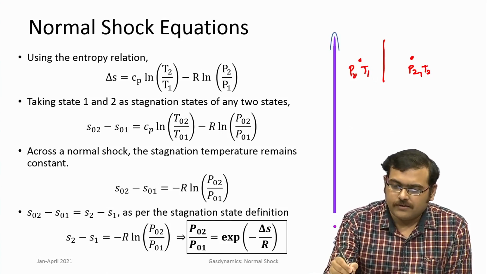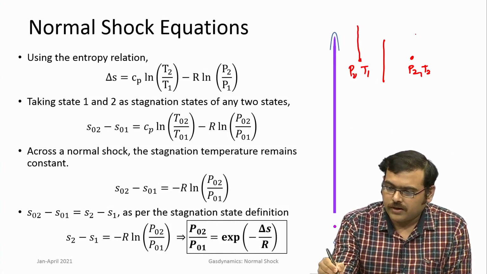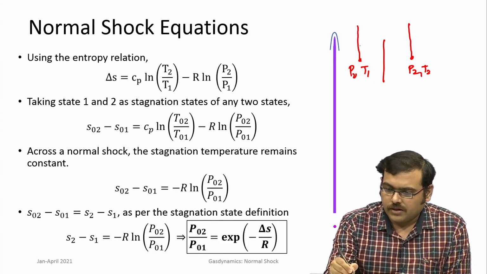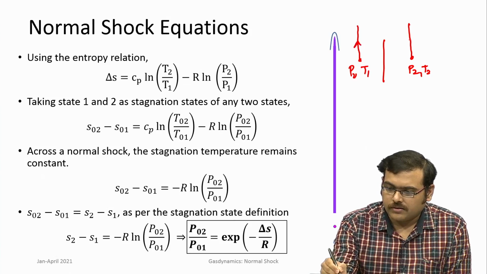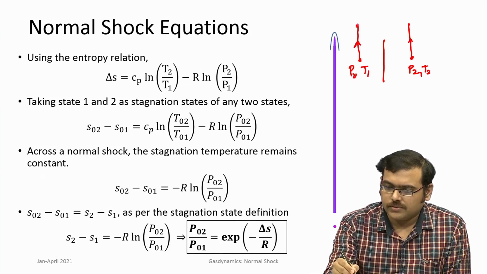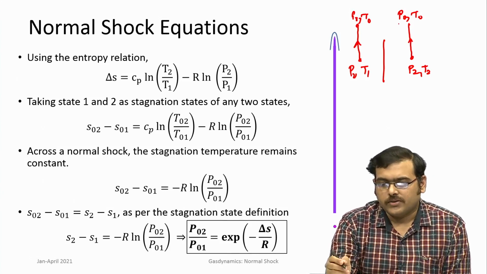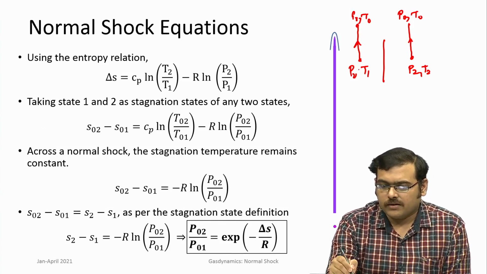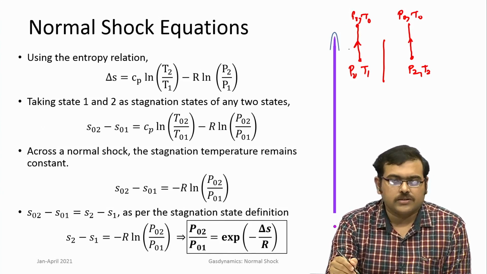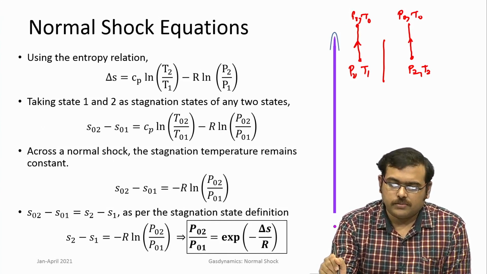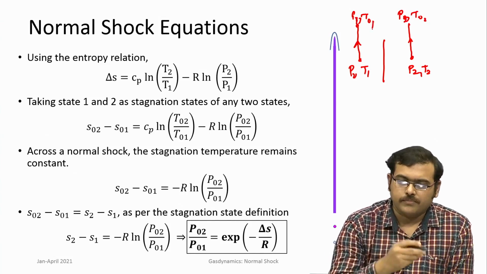Then there is an equivalent point reached through an isentropic process, which you can take as P0 and T0. These are equivalent conditions, so the entropy at P1, T1 and P0, T0 are the same. Similarly, the entropy at P2, T2 and P02, T02 are the same.